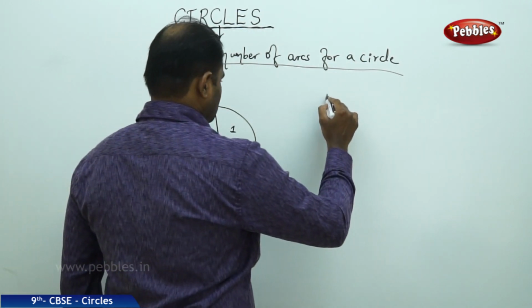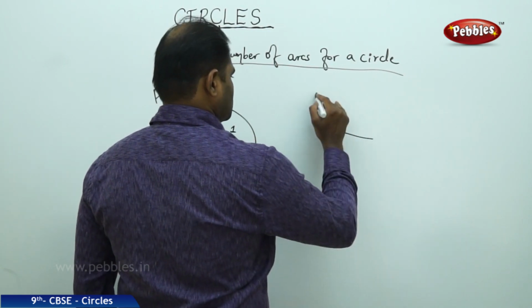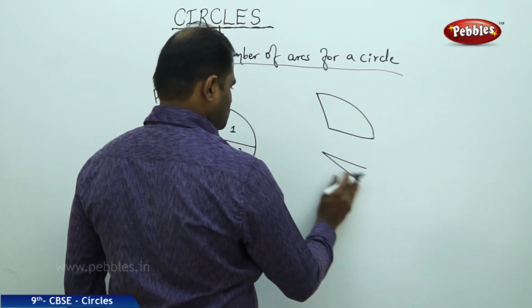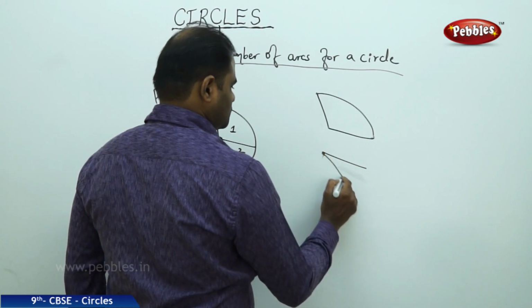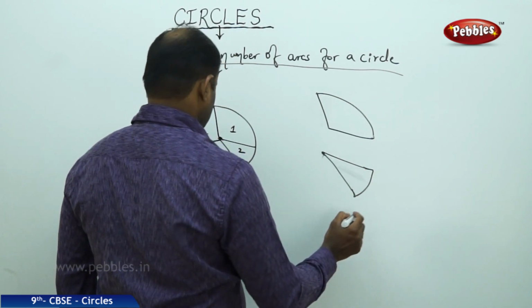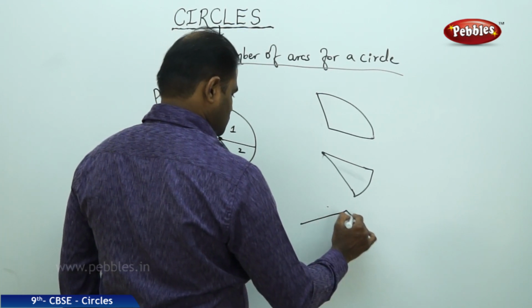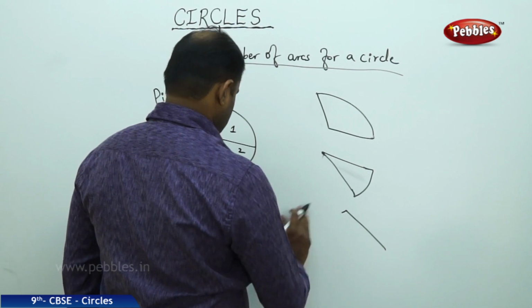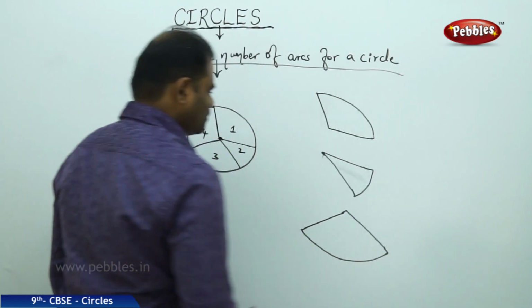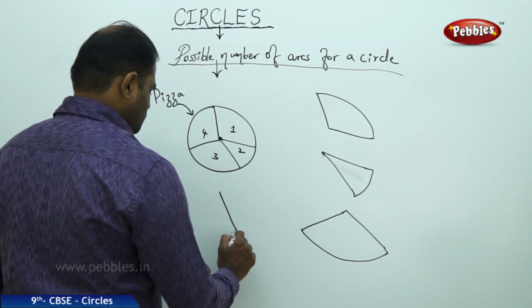So I have piece number 1, which is out here, and piece number 2, which is out here, and piece number 3, and then piece number 4.